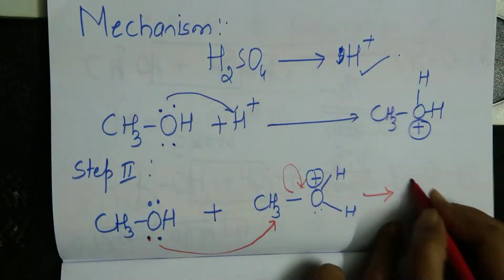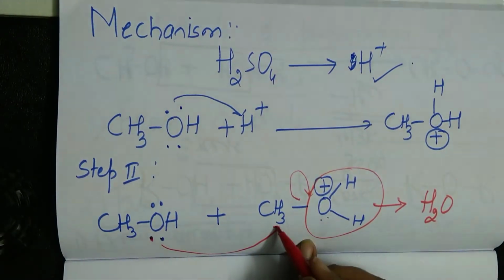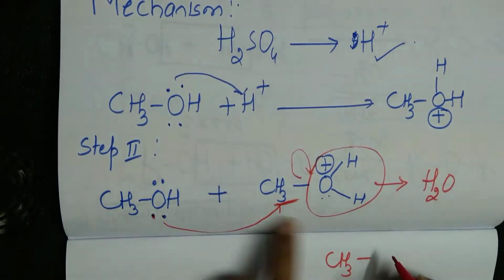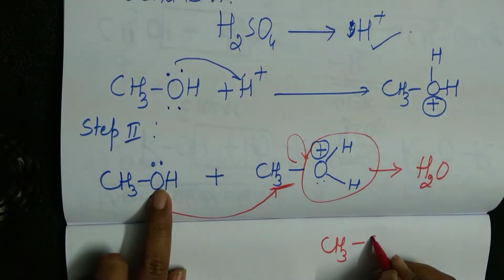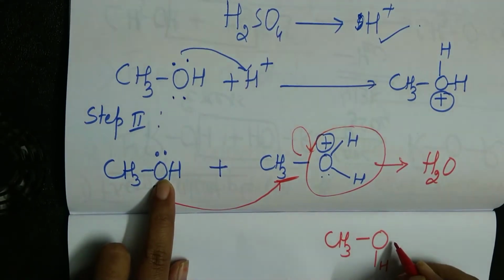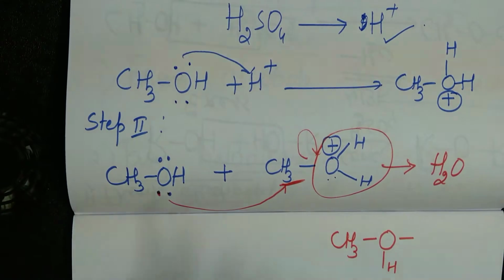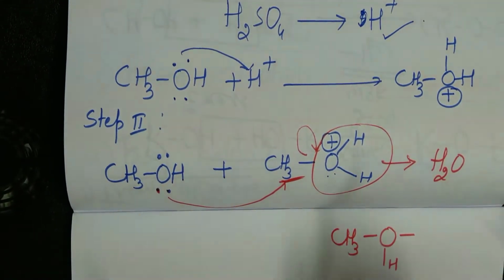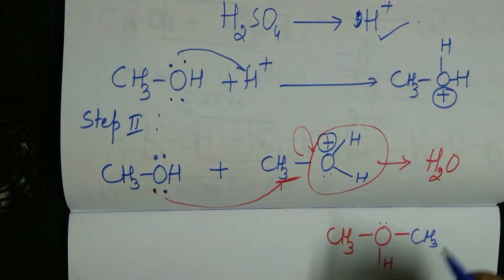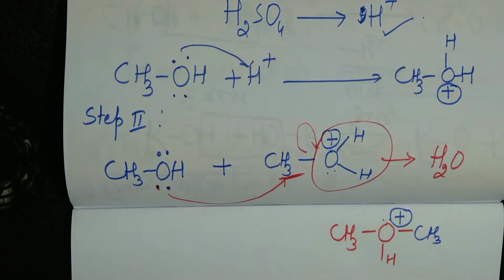So water goes out in the form of H2O, and to this part of the molecule, this alcohol gets attached. So O, H and one of the lone pair of electrons is given to this carbon. So we write CH3 here, and since only one lone pair of electron is present, it gets a positive charge.